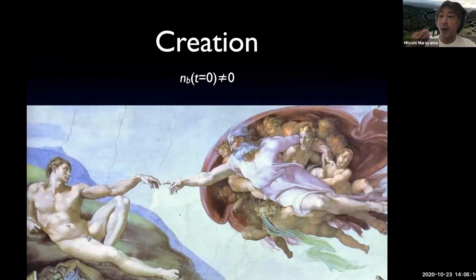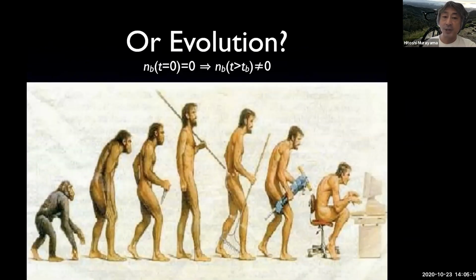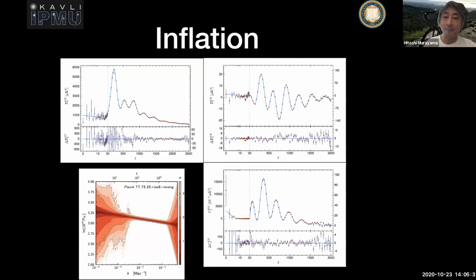So you have to start anew after the inflation. So you need some microphysical evolution process of starting with a 0 asymmetry to a small but finite asymmetry as a consequence of evolution. And we are evolving in a different state of matter today, it seems. But anyway, that's something we need.